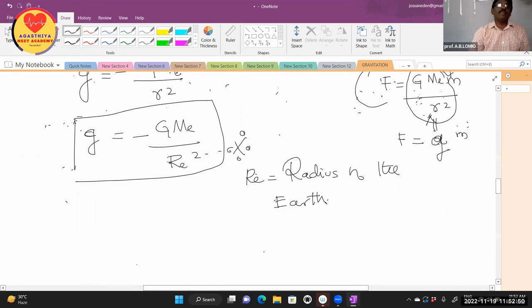See, another important point related to acceleration due to gravity, note down this point.